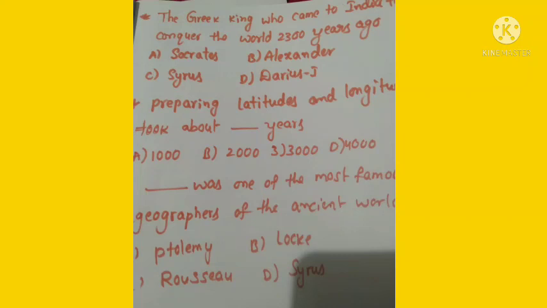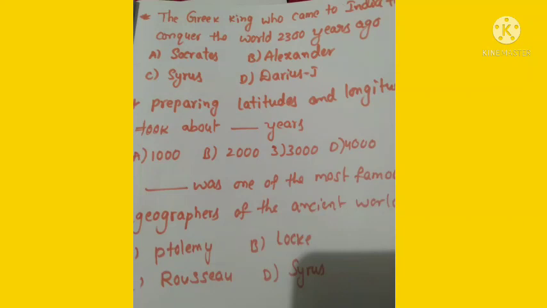The Greek king who came to India to conquer the world 2300 years ago. Options are A. Socrates, B. Alexander, C. Cyrus, D. Darius I. Answer is B. Alexander.